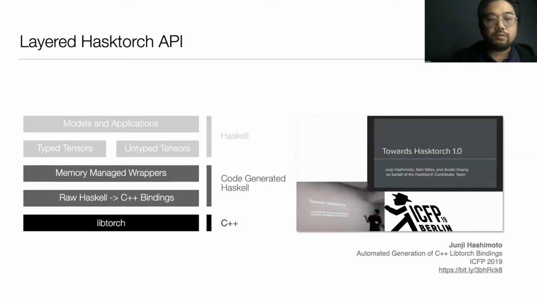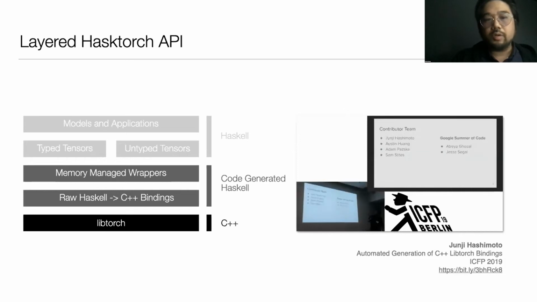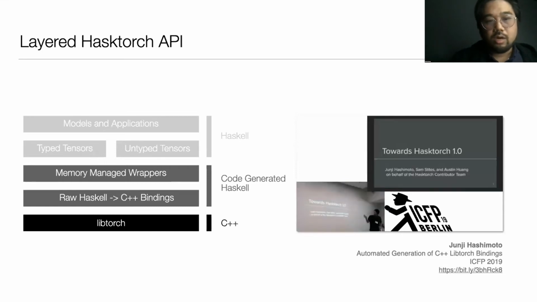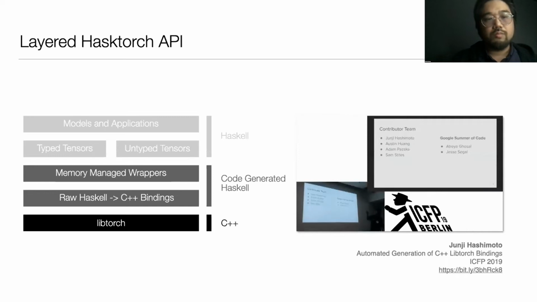And there's a lot more exploration of type level computation, of what you can do when you are explicitly representing tensor shapes in the type system. And so on top of these APIs, you can build training procedures, models, and then embed those models in applications.